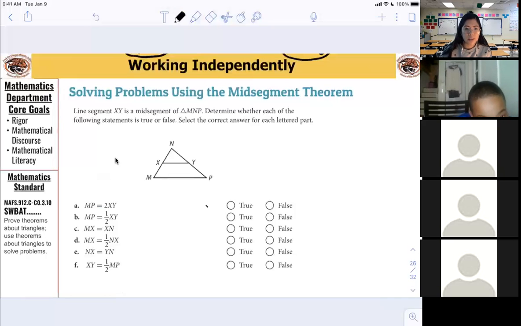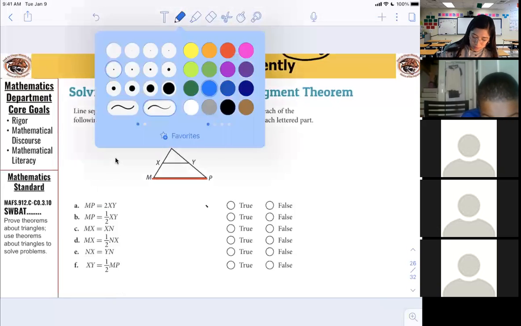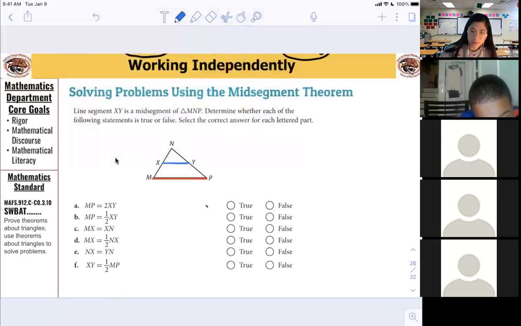So the first one tells me that MP equals 2 times XY. True or false? Perla says true. Do we agree? Tyrone agrees. Who else agrees?